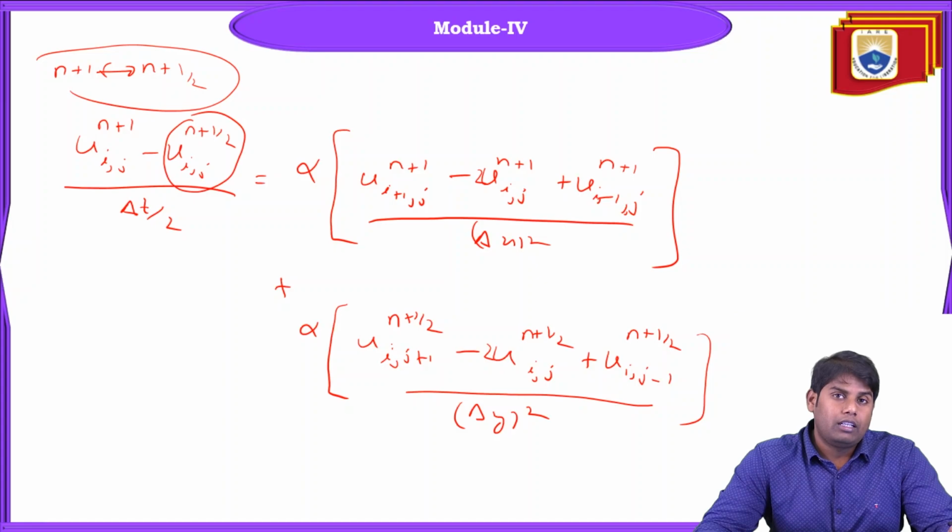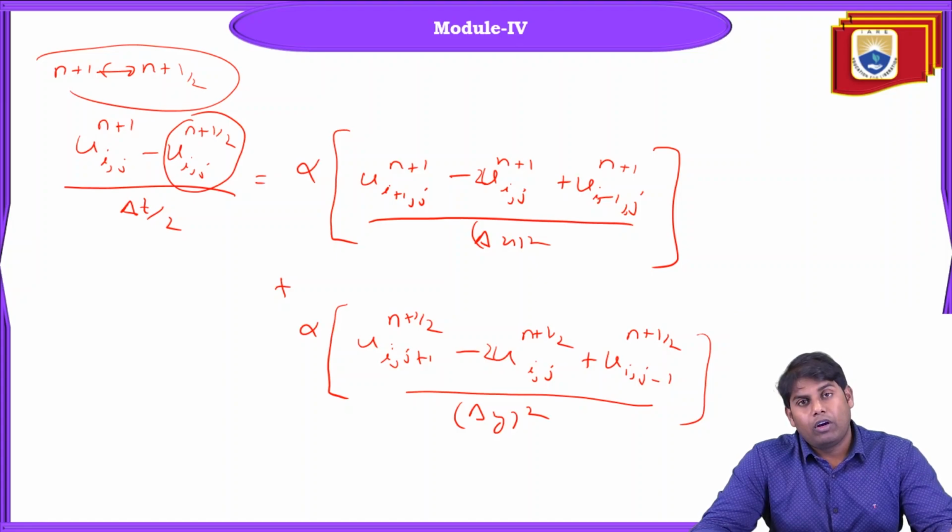If you take the x-axis as explicit, the y-axis will be implicit. In the next step the trend gets reversed: the x-axis will be implicit and the y-axis explicit. So initially x is the predictor and y the corrector, and in the second step x is the corrector and y the predictor.